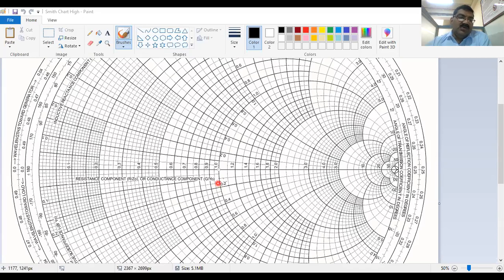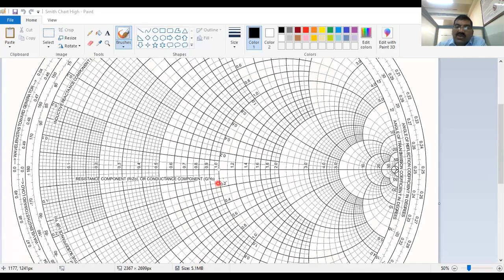On the outermost lines, this is 0.1, 0.2, 0.3, 0.4, 0.5, 0.6, 0.7, 0.8, 0.9, 1, 1.2, 1.4, 1.6, 1.8, 2, 3, 4, 5, 10, again similarly 10, 20, and here the infinity.